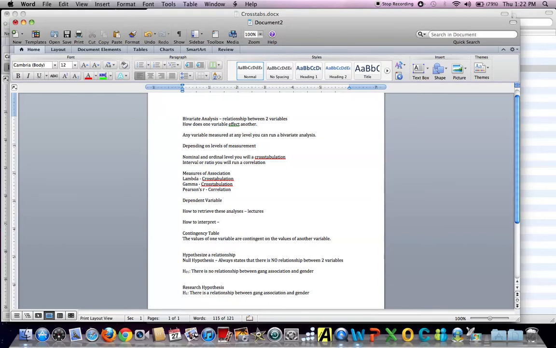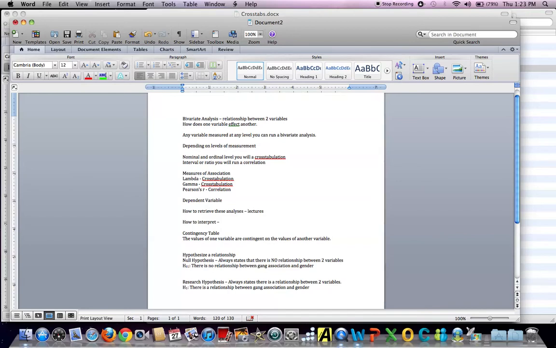That's the difference between a null hypothesis and a research hypothesis. A research hypothesis always states there is a relationship between two variables.